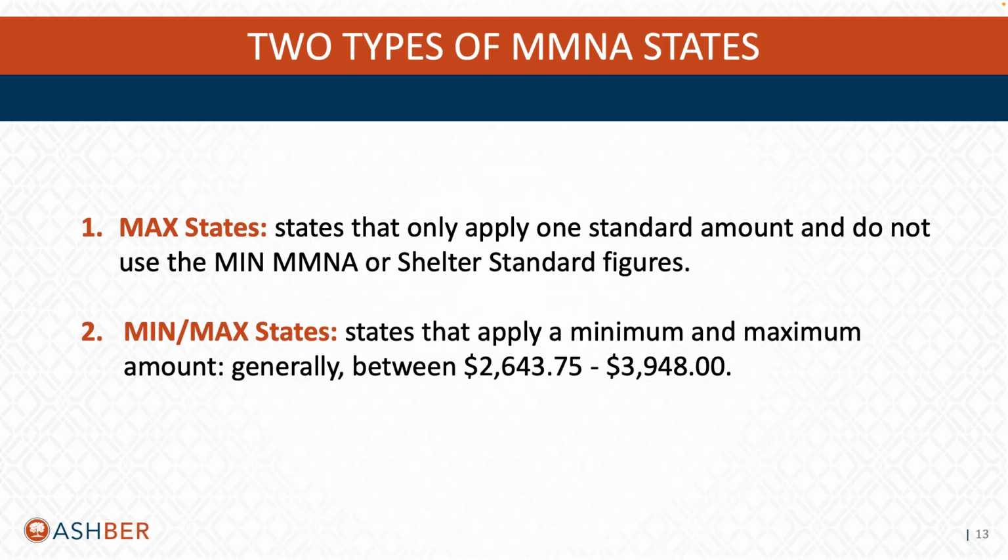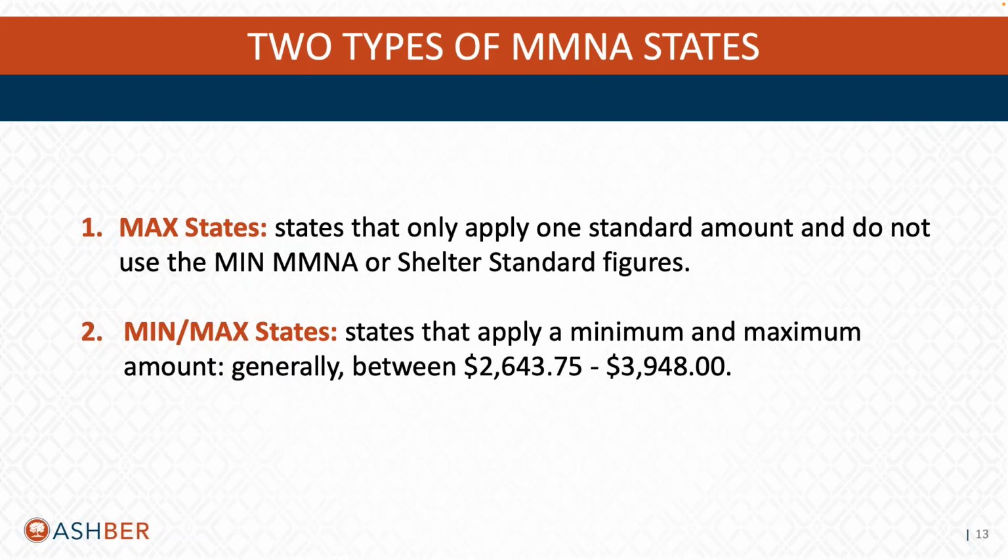These states are typically easier to work with because you don't have to go through the process of gathering up the shelter expenses, comparing that to the shelter standard, and then going to the MMNA and trying to calculate that. They typically just give you a flat number for every single client.